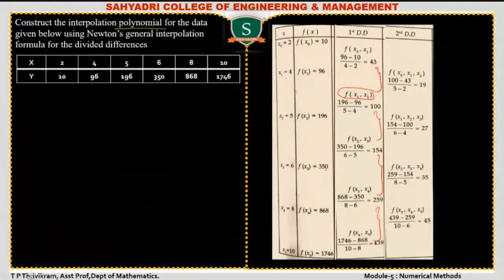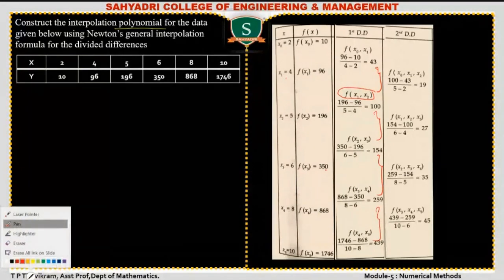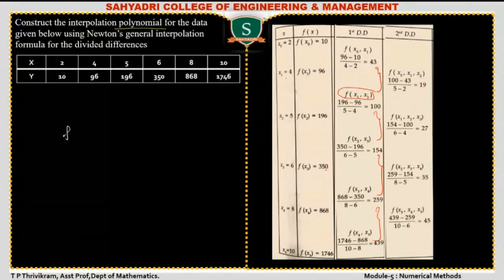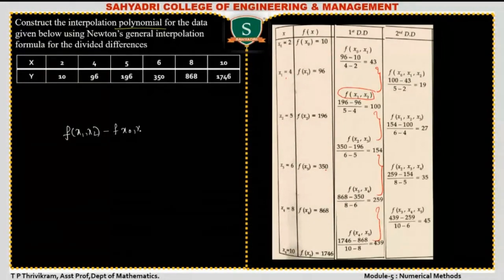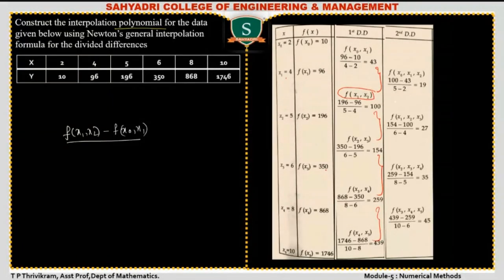Let us write here: f of x1 comma x2 minus f of x0 comma x1, divided by x2 minus x0. So how will you define it?